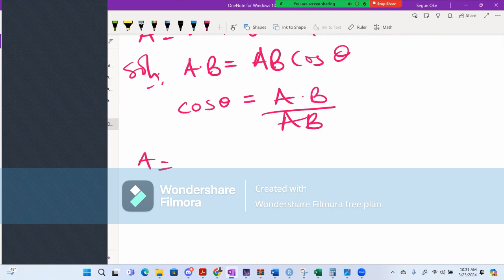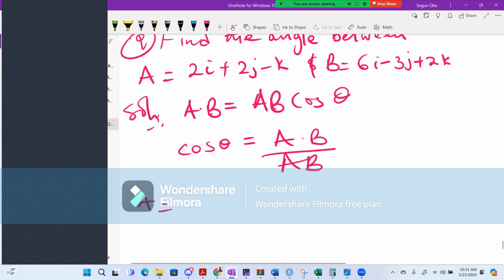A is equal to, remember you need AB, and what you need here is the absolute value. Let me put it this way so that you will understand.